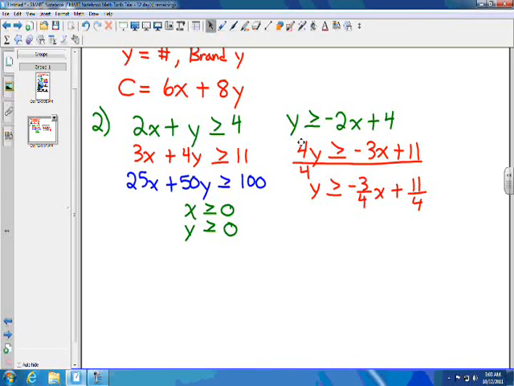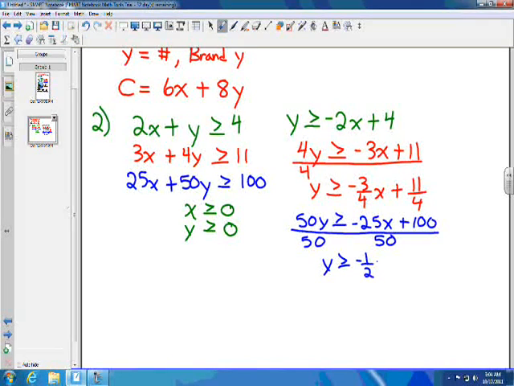And then solving the last one, divide by 50. Questions on any of those yet?